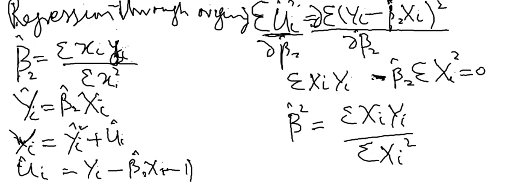So one thing is that if you compare both formulas, they are different. The usual formula is in deviation form, summation xi yi over summation xi square, but in case of regression through origin, that is in the level form, summation xi yi over summation xi square.